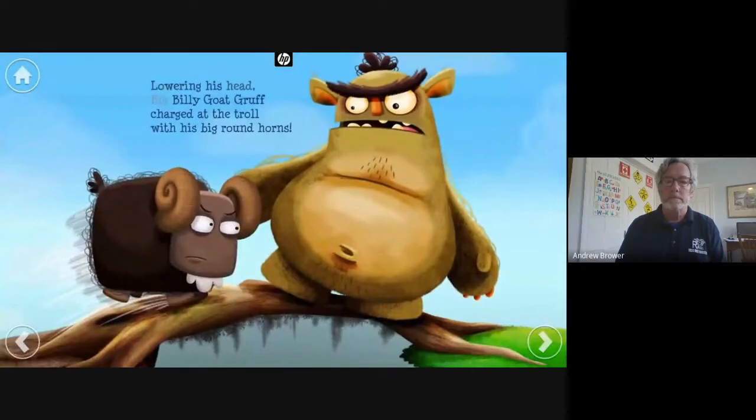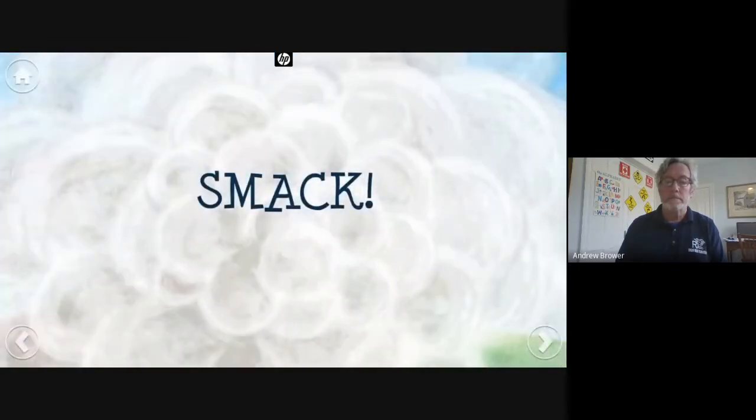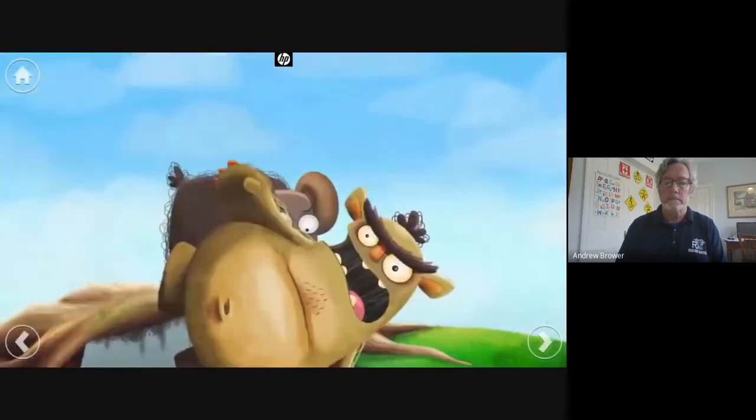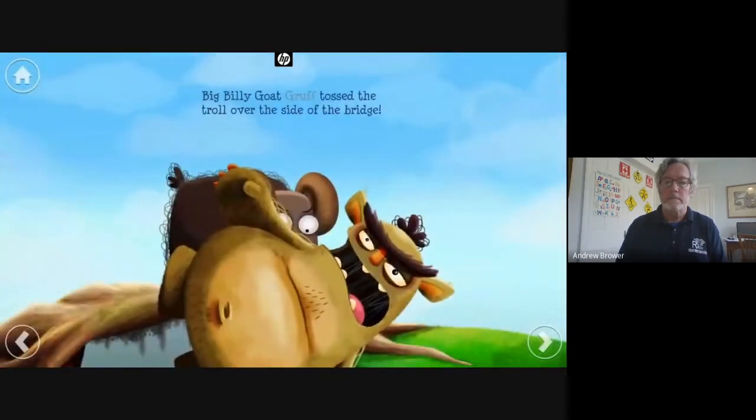Lowering his head, Big Billy Goat Gruff charged at the troll with his big brown horns. Smack. Smack. Big Billy Goat Gruff tossed the troll over the side of the bridge.